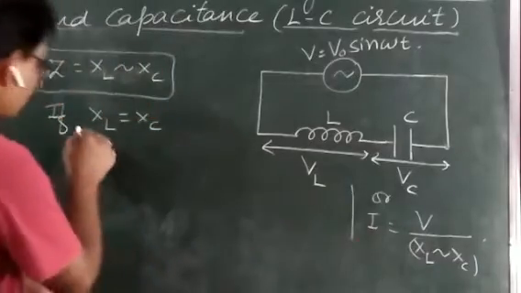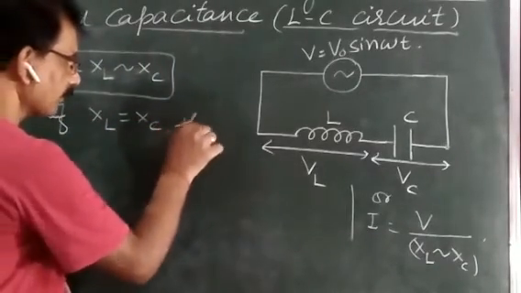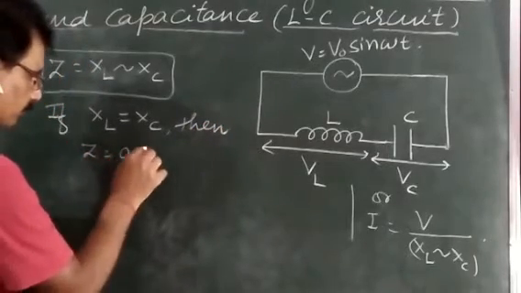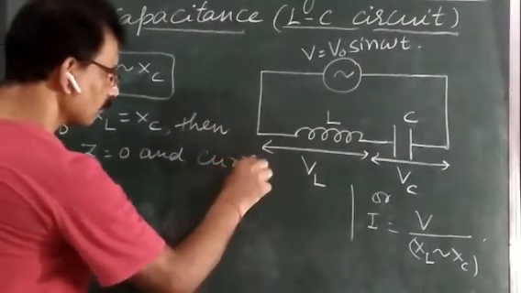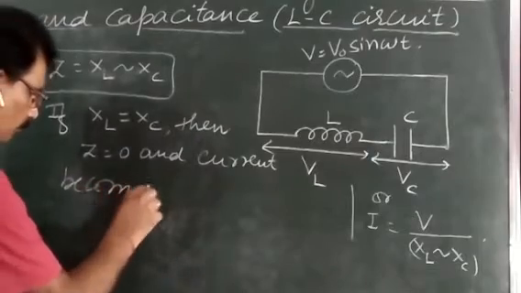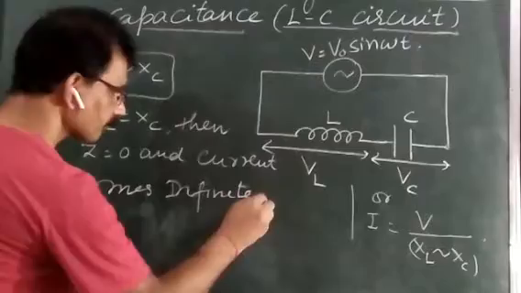infinite. So if XL is equal to XC, then Z is equal to 0, and current becomes infinite.